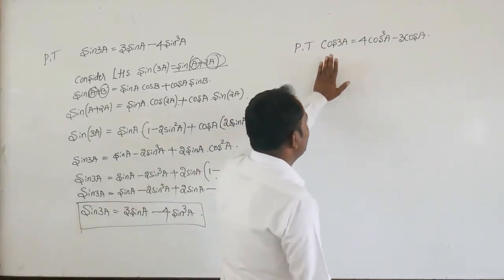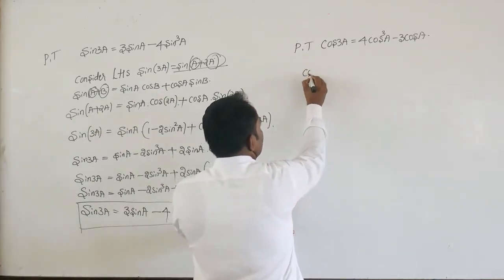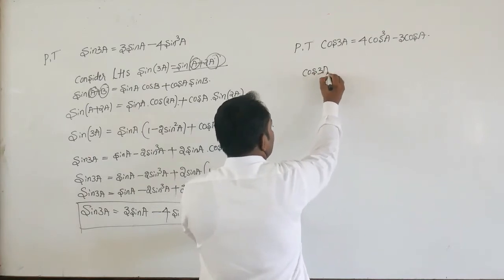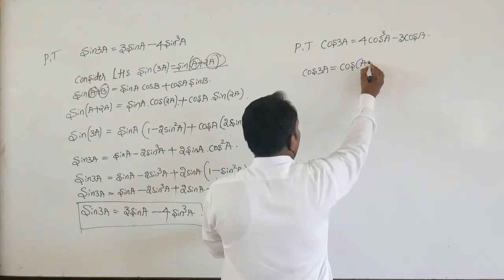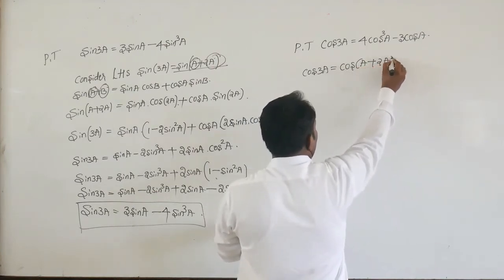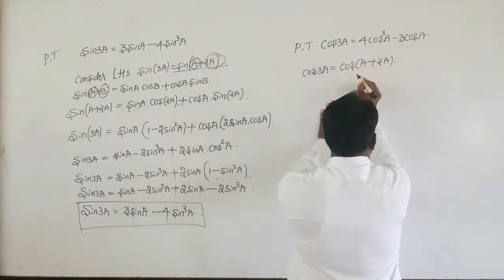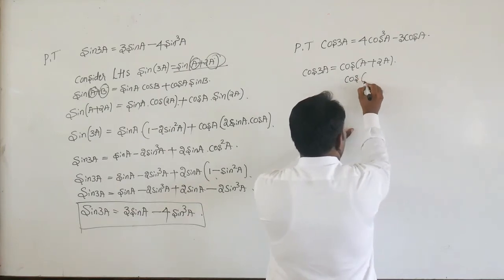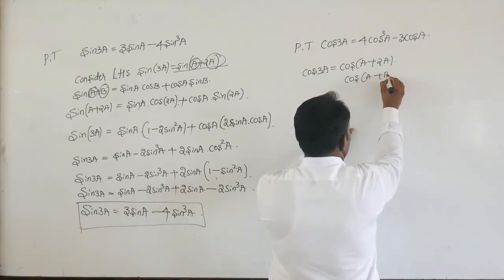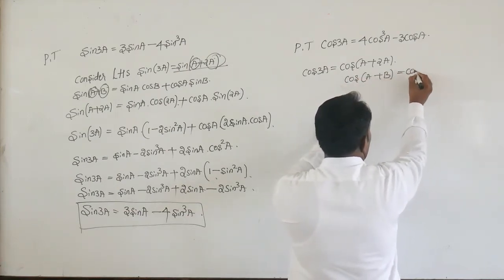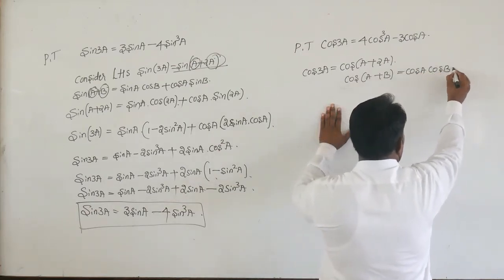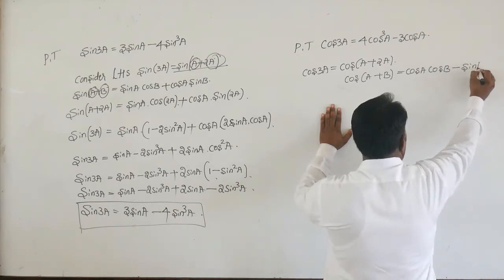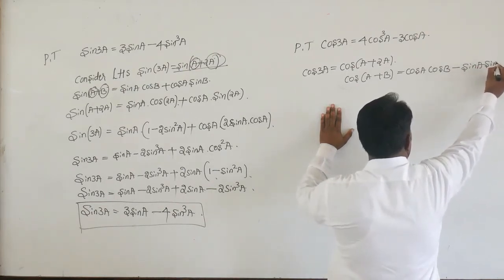Similarly, cos of 3a value. Cos of 3a is split into cos of a plus 2a. Again we know that the formula cos of a plus b is equal to cos a cos b minus sin a sin b.